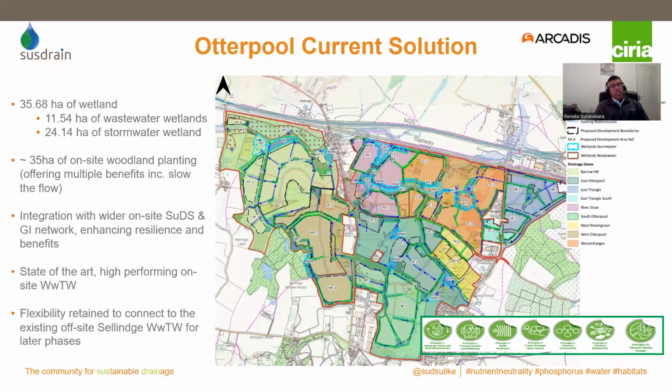When we did the initial calculations to the original SuDS guide, it was about a 50-50 split at the time, the stormwater and the wastewater split. But the new guidance meant that the stormwater component has increased about 25% more. So now we have a 70-30 split in terms of the wetland distribution.